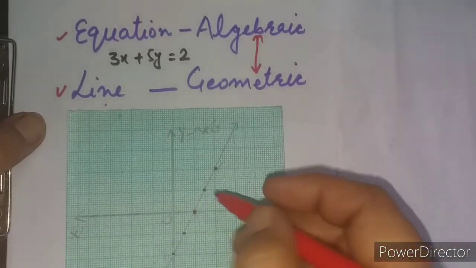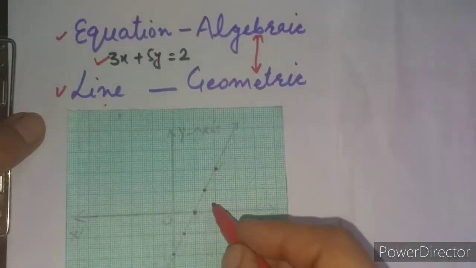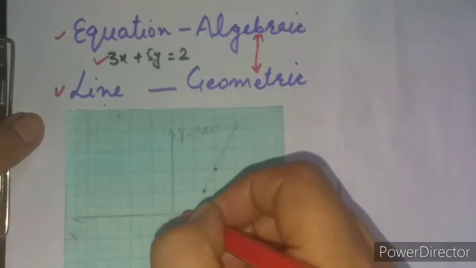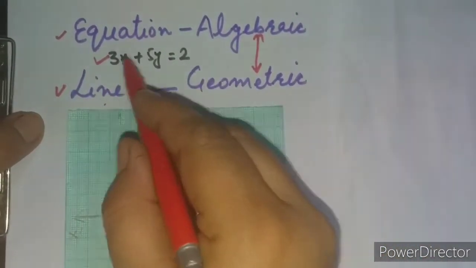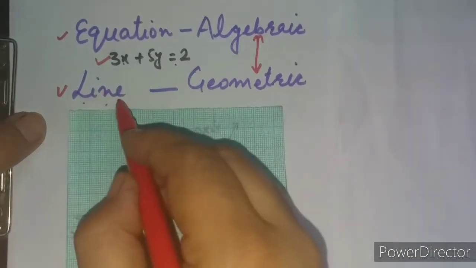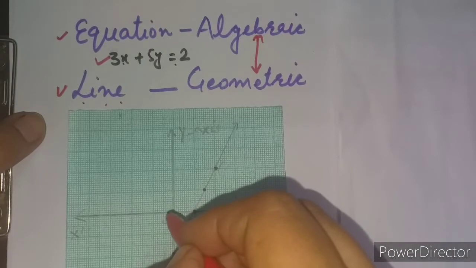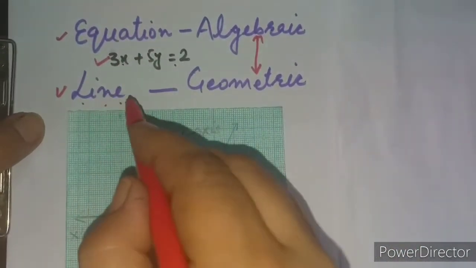So what we did, we started with an equation, and we ended up drawing a line corresponding to that equation. This is the relation between the equation and a line. For every equation, we have got a straight line which can be represented on a graph paper. Again I am repeating, for every equation there is a line.